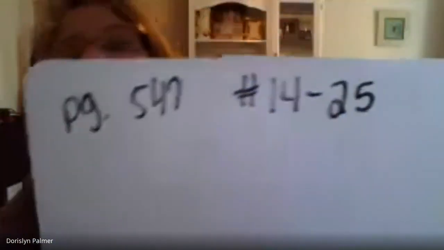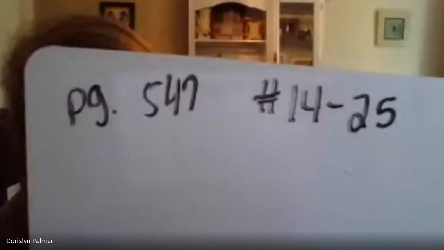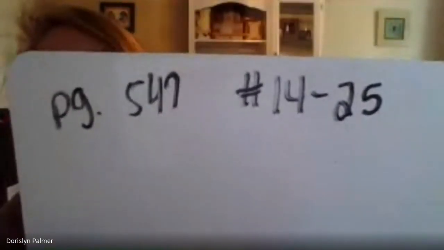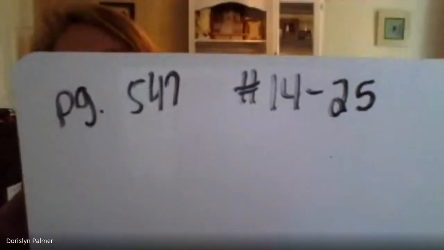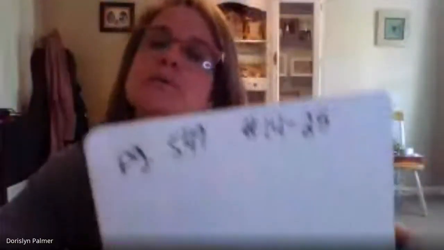It won't be what we've just done now. It's going to be some review things. Page 547, numbers 14 to 25. This is just to keep these polynomial skills sharp. And then tomorrow we're going to go back to factoring, and we'll be factoring by grouping. Sometimes we'll have to group when we're factoring when we have like 4 or more terms.